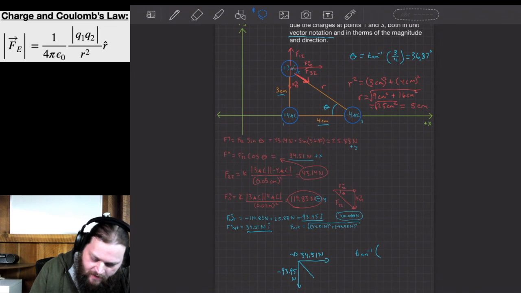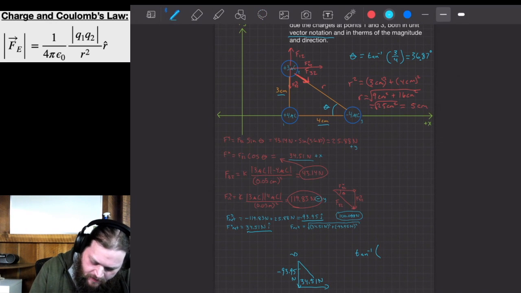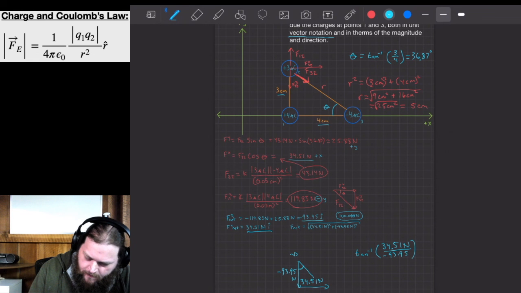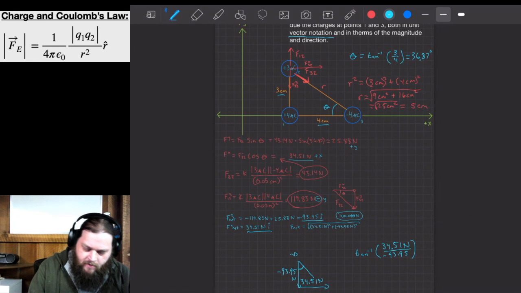I always think about my triangle. If I move that down there, I'm looking for this angle here. My opposite, which is always at the top, 34.51 newtons, divided by negative 93.95 is going to give me the angle.